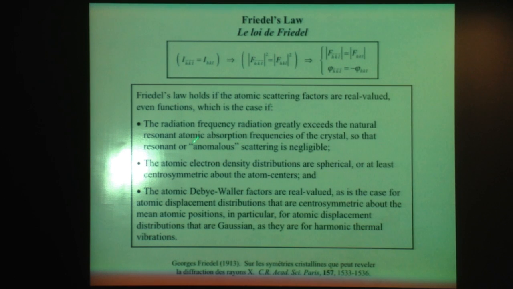We're measuring at a frequency far from any natural absorption frequency of the crystal. We don't need to worry about any departures from spherical atomic electron density distributions or about complex valued Debye-Waller factors. We'll see the Debye-Waller factor later, but basically it's the factor that allows for the fact that the atoms are smeared a bit because they're in constant thermal agitation.